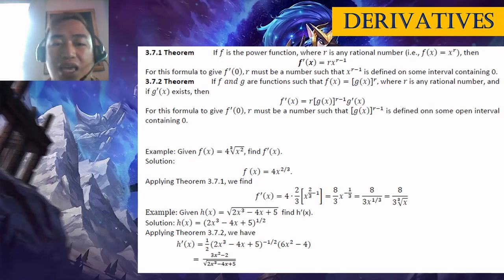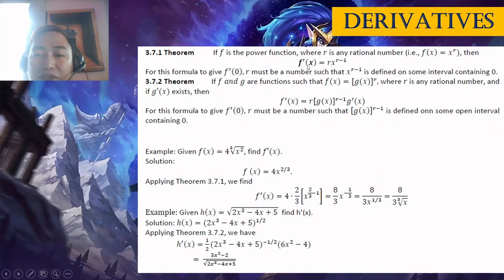So there is a theorem: if f is a power function where r is a rational number, then the derivative f prime of x, where r is rational, so it can be a fraction, is r times x to the r minus 1.